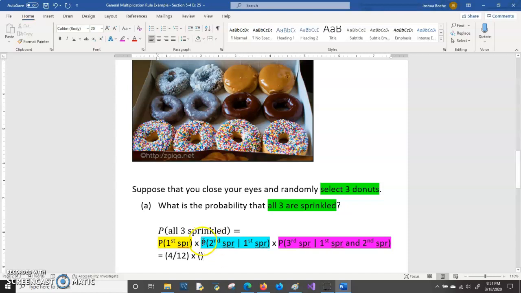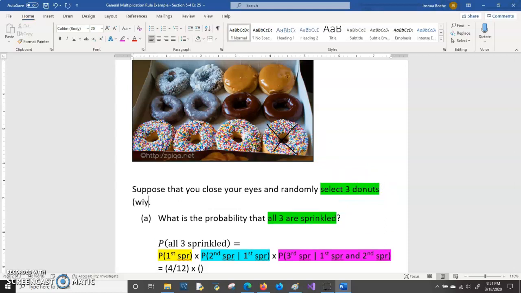For the probability that the second one is sprinkled, imagine that we've picked out a sprinkled donut. We took that out, and we're not going to put it back. Let's say that you ate the donut, so you can't just put it back. In fact, we should say up here, this would be without replacement.